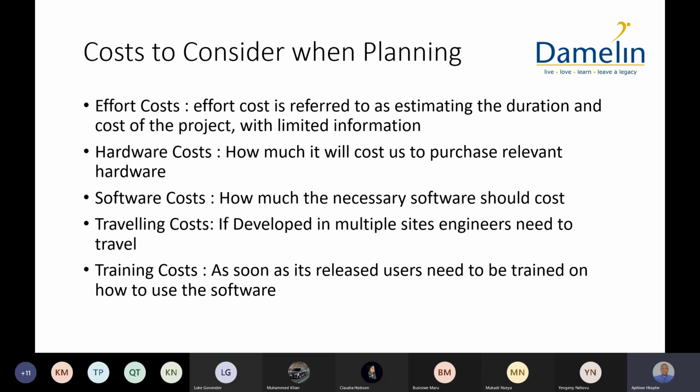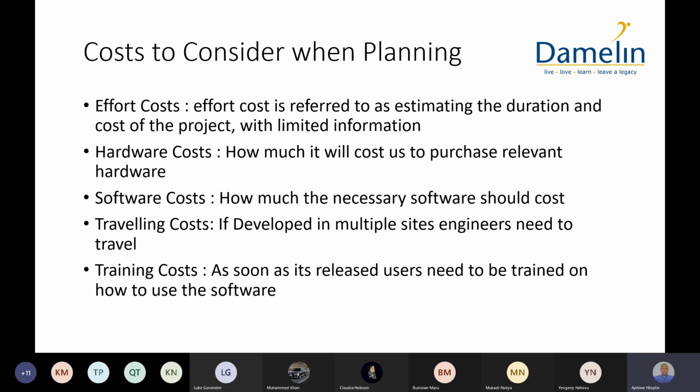Then the next thing that influences the cost of a software project is the hardware cost. Are we going to be buying any additional hardware? Sometimes you're not going to be buying any new hardware because the organization may already have the infrastructure in place. But on certain occasions, you may need to start from scratch and buy additional hardware, okay? So how much will it cost for us to purchase the relevant hardware?